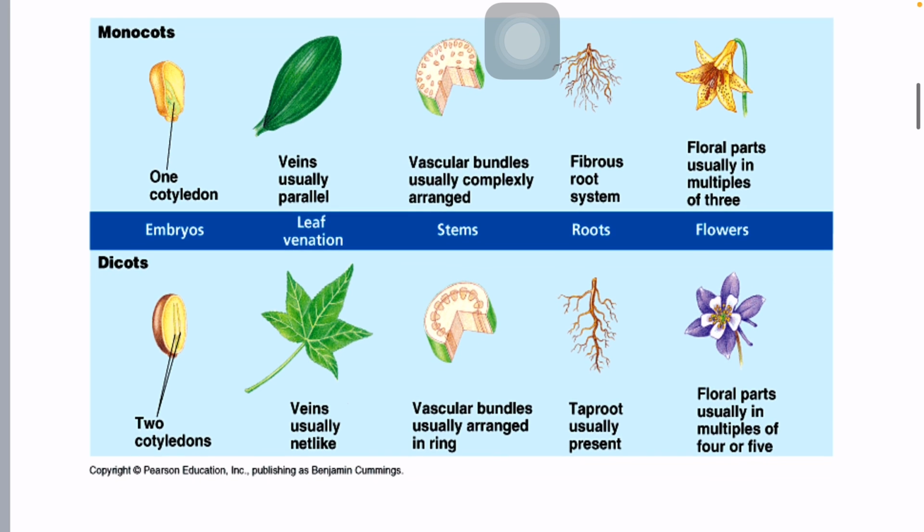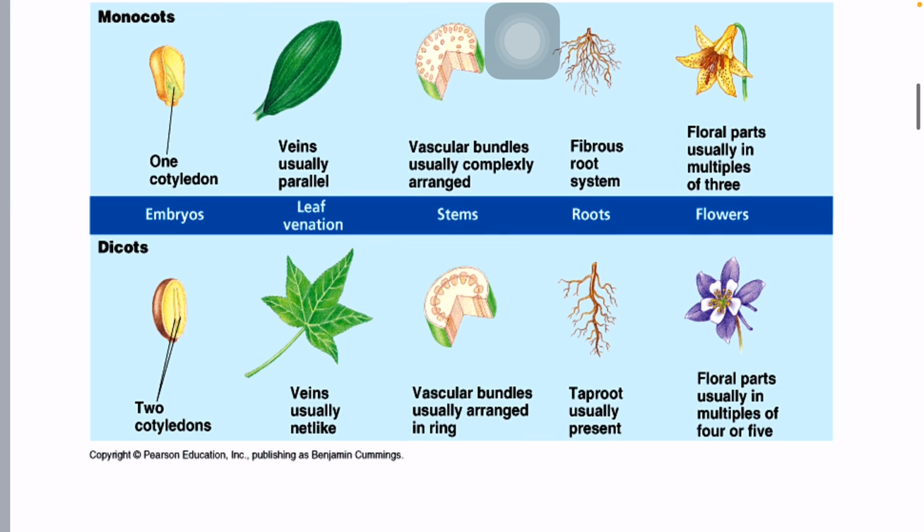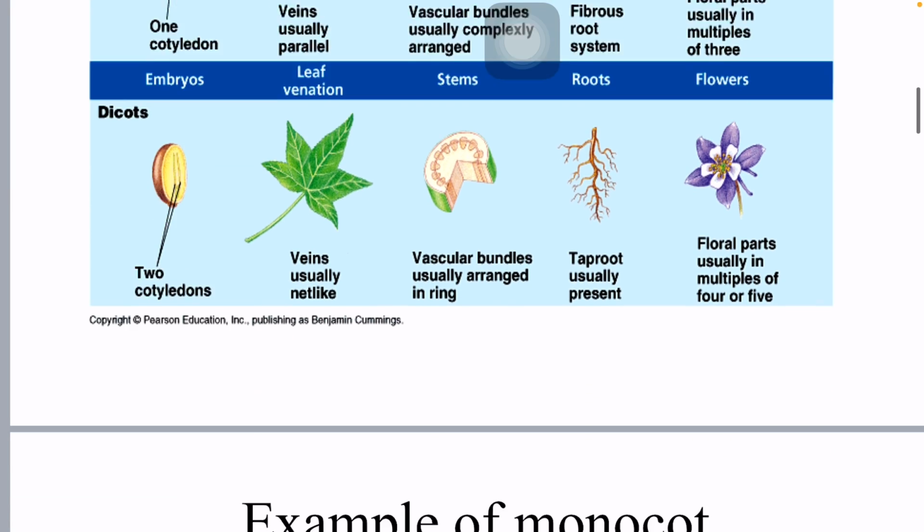While dicots have two cotyledons, the veins are usually net-like, and vascular bundles are usually arranged in a ring, and the type of root is taproot, usually present. The floral parts are usually in multiples of 4 or 5.